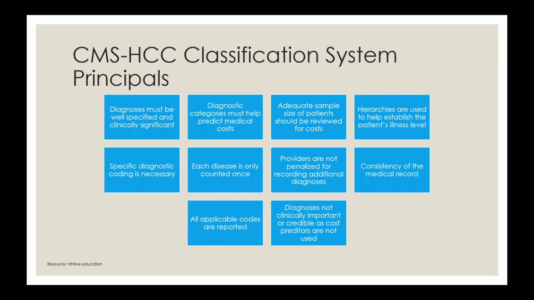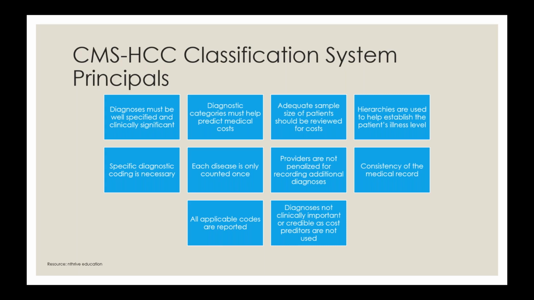That's what that means. The providers are not penalized for recording additional diagnoses. So you can still code and document any of those additional ones, but they would just only be captured within that one HCC category if they fall under the same one.